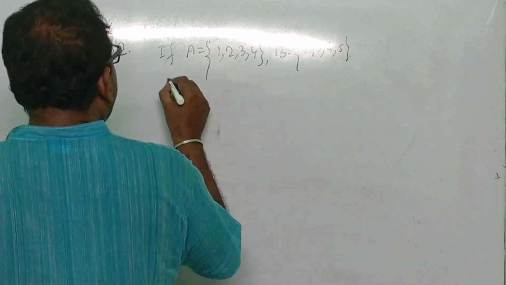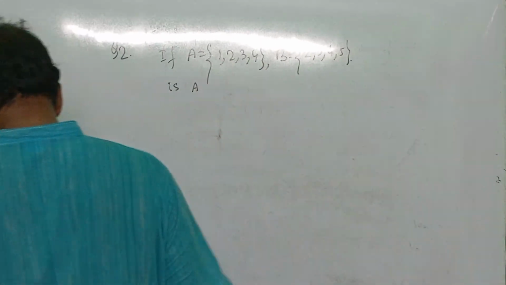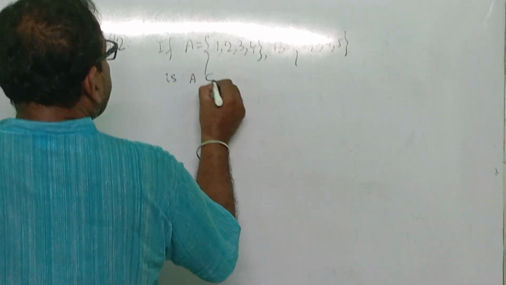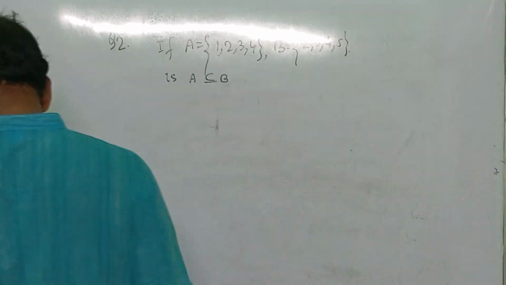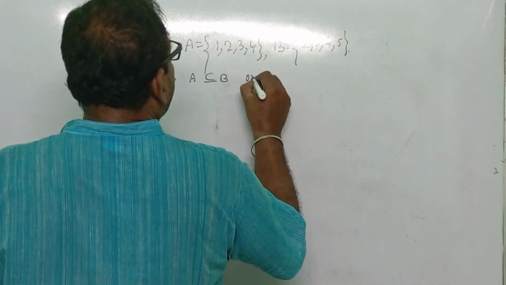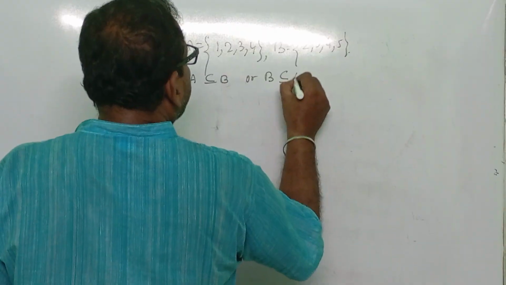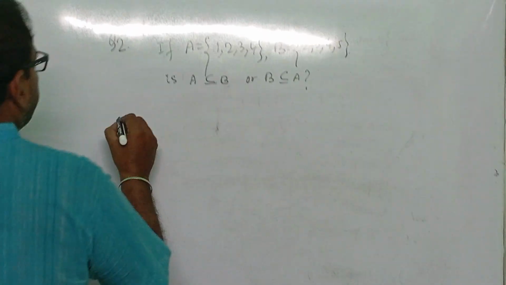The question is: A is a subset of B, or B is a subset of A. Answer.